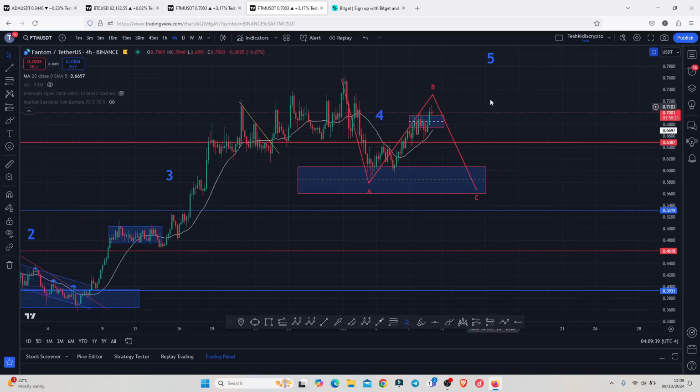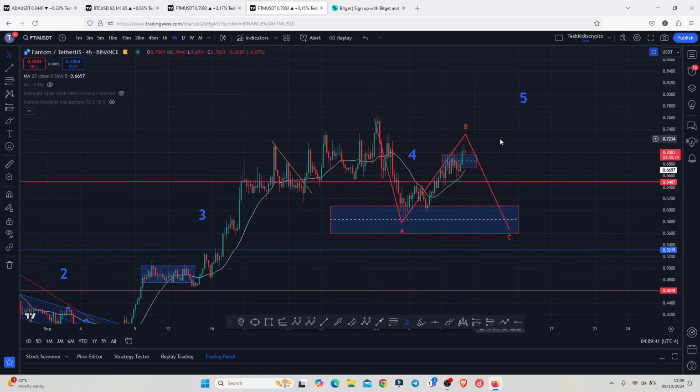And there are two scenarios that I'm expecting to play out here on the Phantom chart based on this target area.